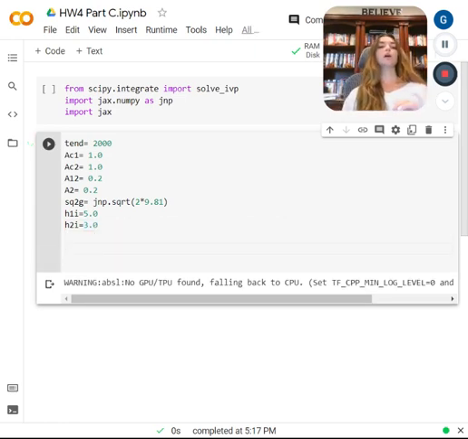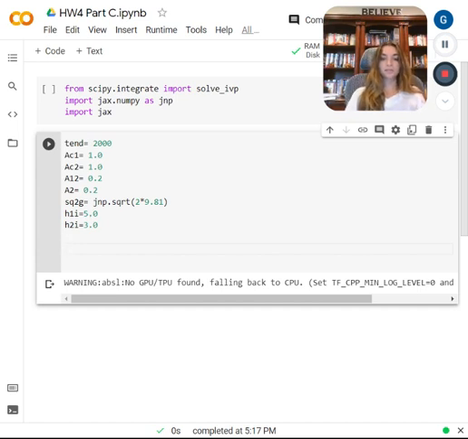So now we're going to put in our expressions, so our steady state equations that we derived for the initial flow rates.